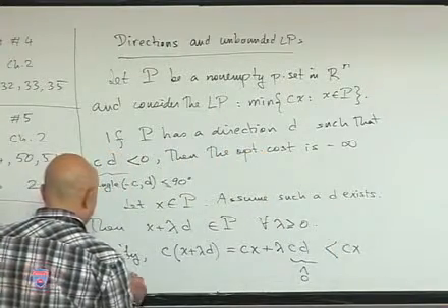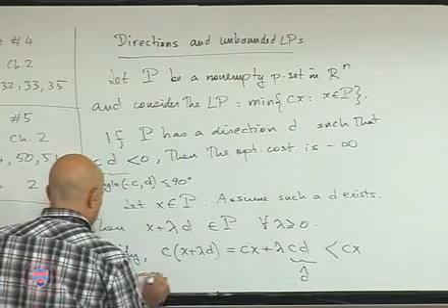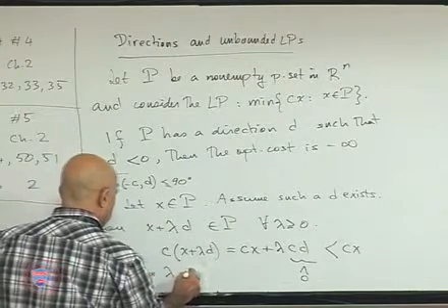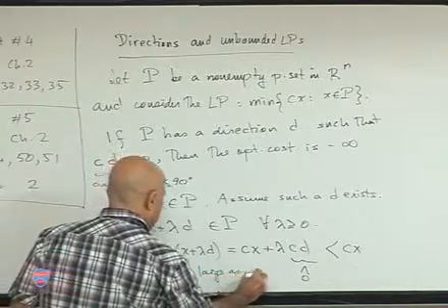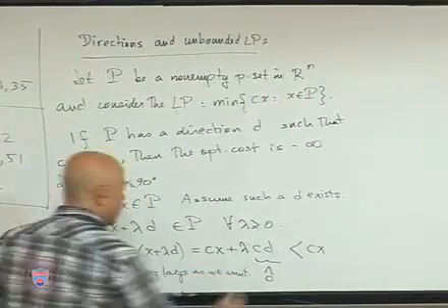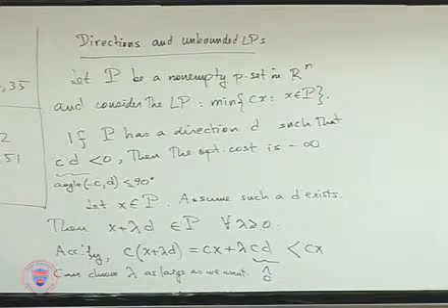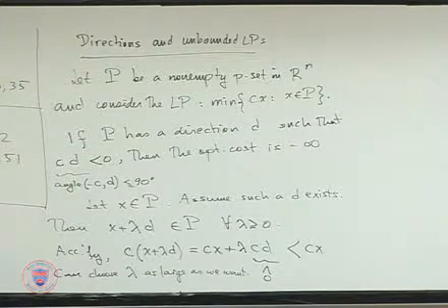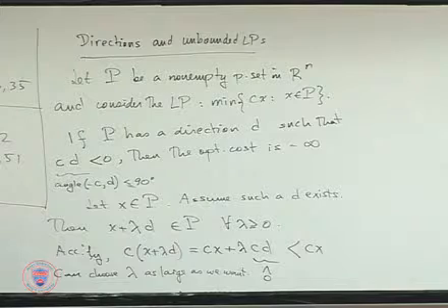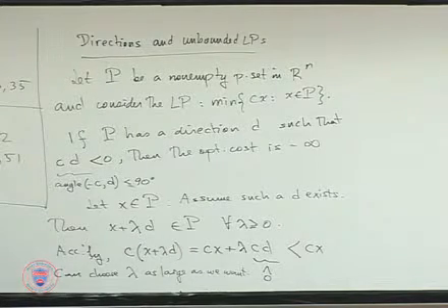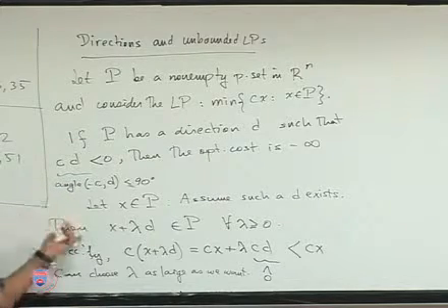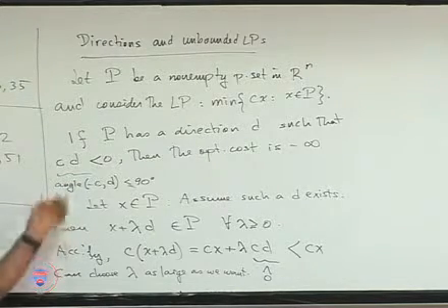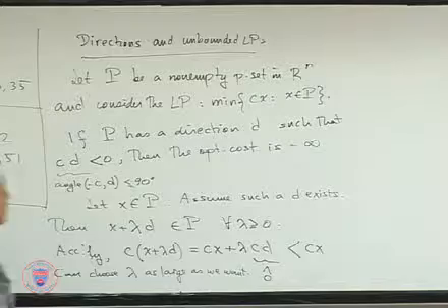So we can choose lambda as large as we want, and the conclusion follows, okay? And you get smaller and smaller. Of course, the reverse of this, the converse, is also true. Whenever the optimal cost is minus infinity, there must be a direction that satisfies this property.